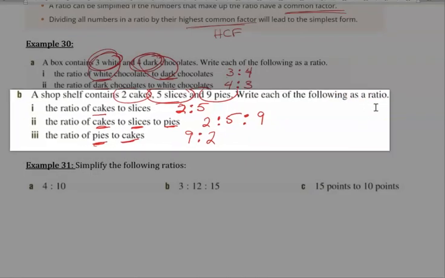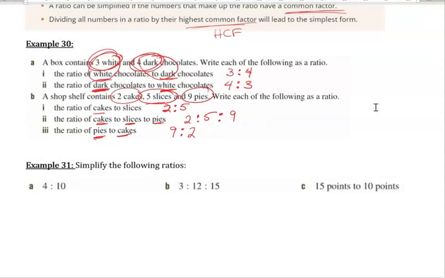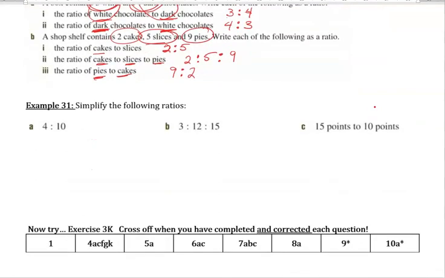So in a way, they're like fractions, but fractions are always parts over the whole, where a ratio is not that. It's a comparison of things. So now I want to simplify these ratios. For every 4 green jelly beans, I've got 10 red jelly beans. But that's not the simplest ratio, because the reality might be I have 40 of the first color and 100 of the next color.